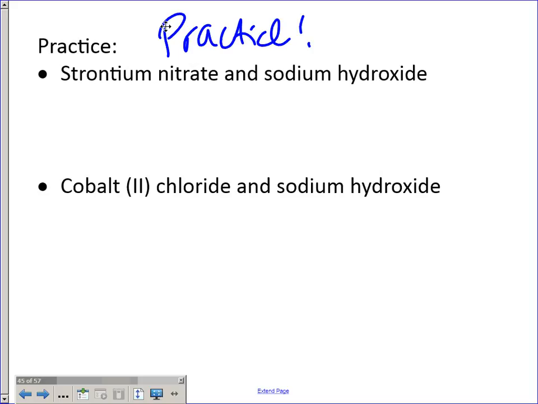My question is for the sodium hydroxide. This is a compound. Considered a soluble compound.